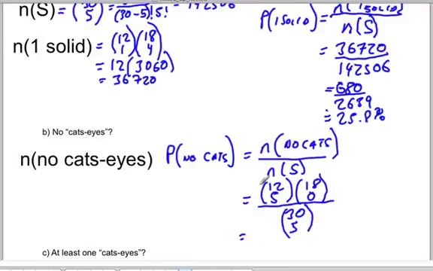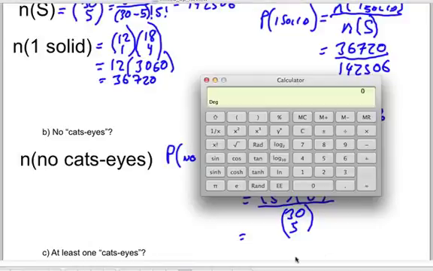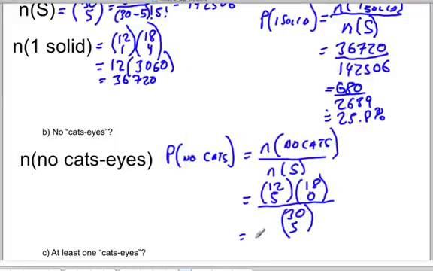So 18 choose 0 is 1, and the combination of 12 choose 5 is 792.